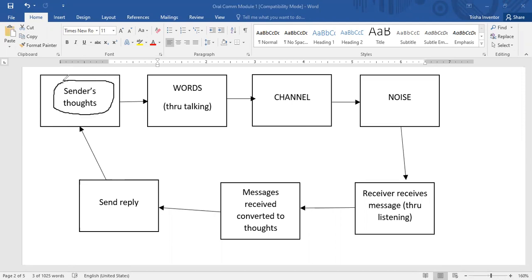Okay, let's put the situation into like this. Ako si teacher, I am the sender, okay? You students are the receiver. So, my thoughts, sender's thoughts or teacher's thoughts will be converted into words. So, gikan sa akong brain, I will send it to my mouth through talking.